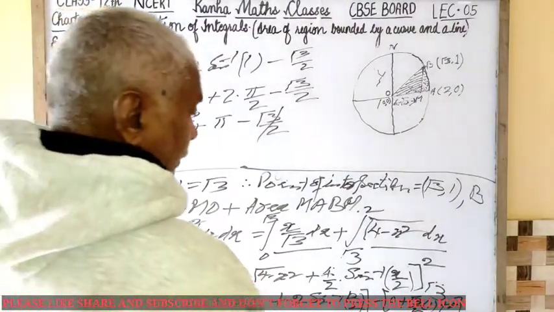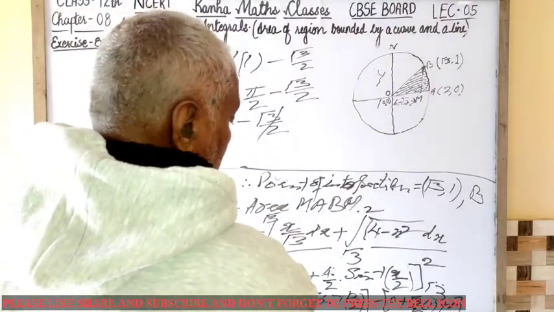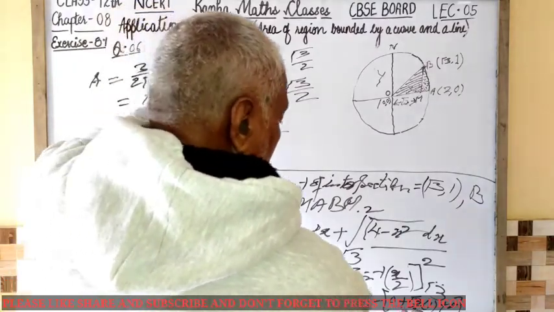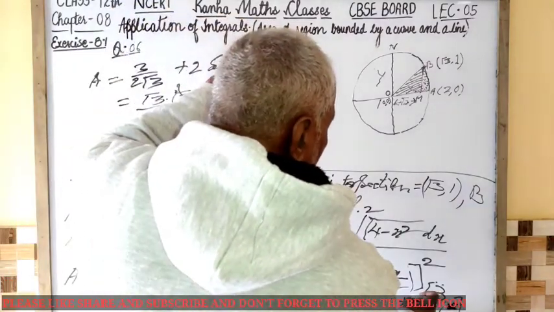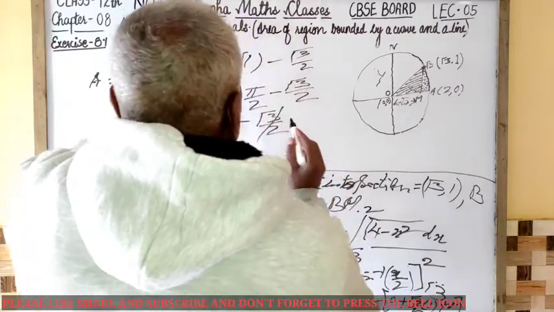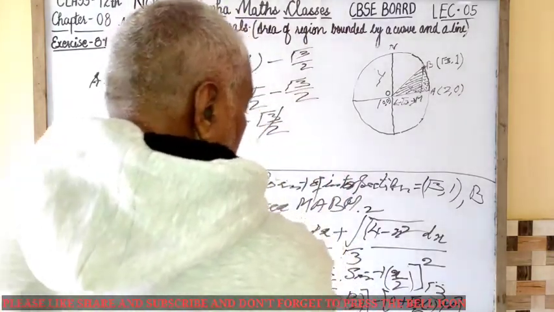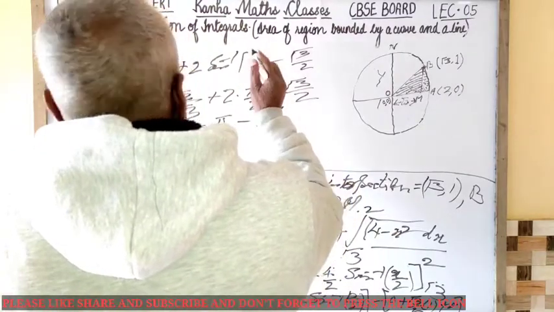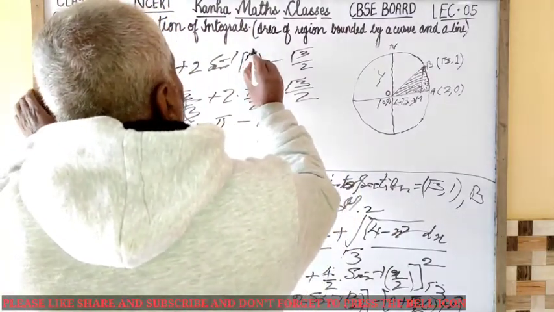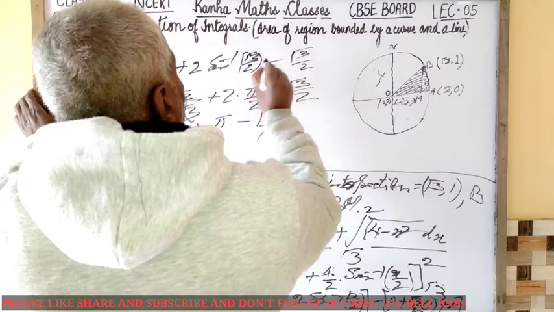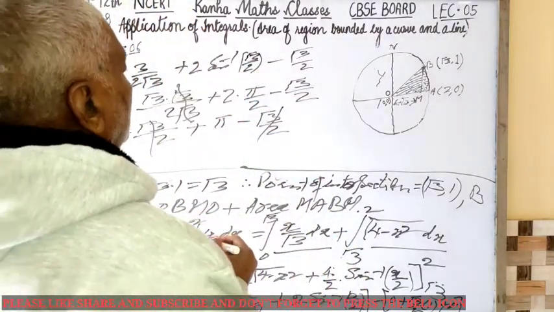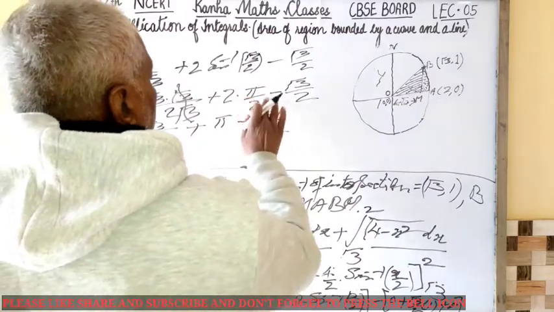Here actually we have a slight mistake. Here instead of x we will write root 3 by 2, and sin inverse root 3 by 2 is equal to pi by 3.